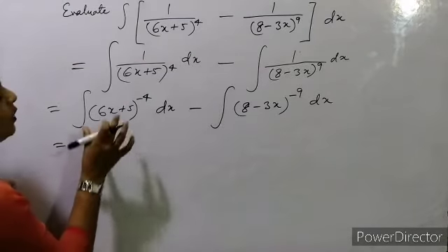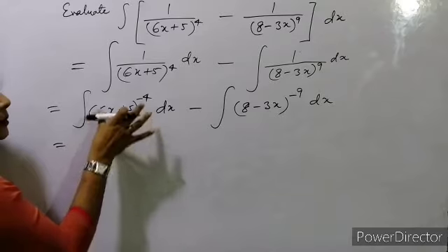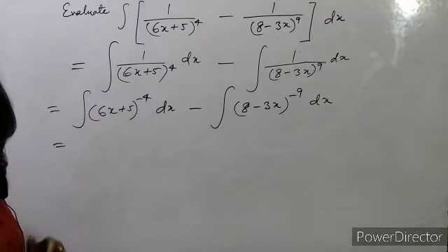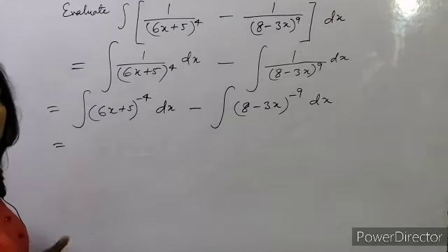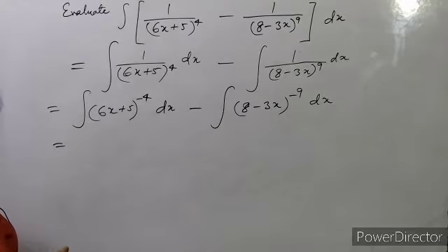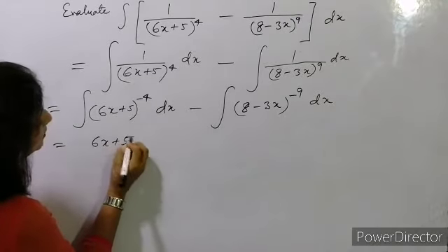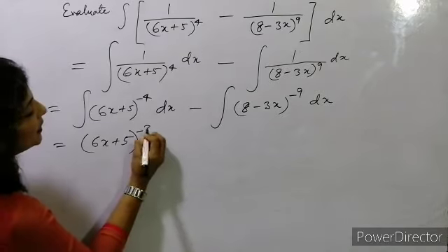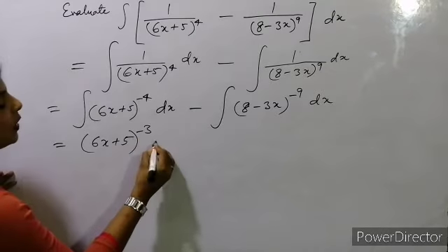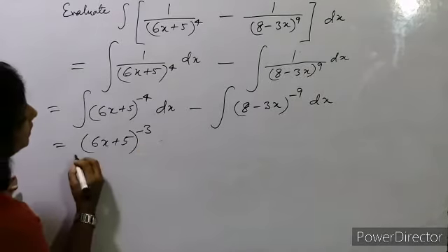The power is minus 4, so in differentiation we subtract 1 and it will be minus 5, but here in this case we have to add 1, so the power will be (6x plus 5) to the power minus 3. Now we have to divide it by minus 3.